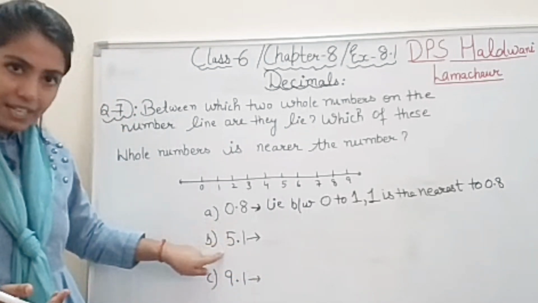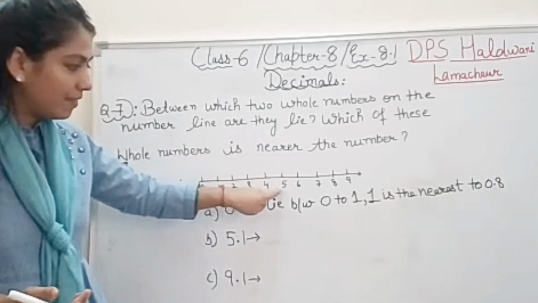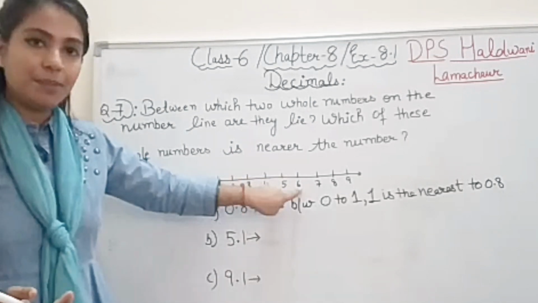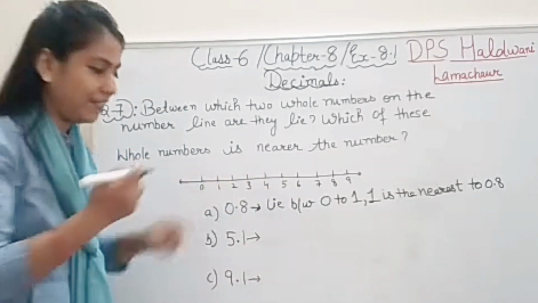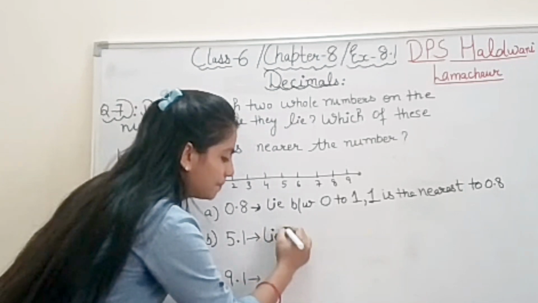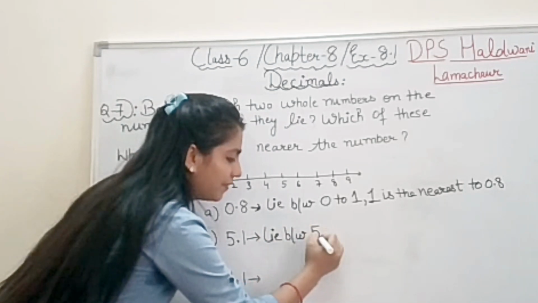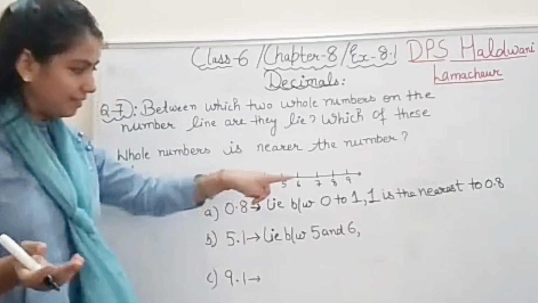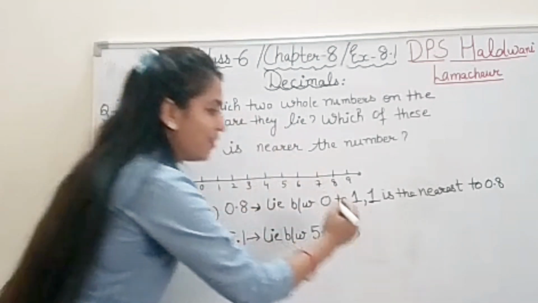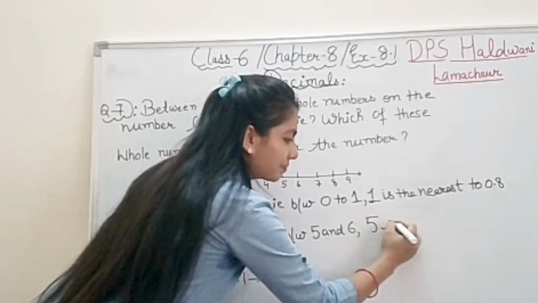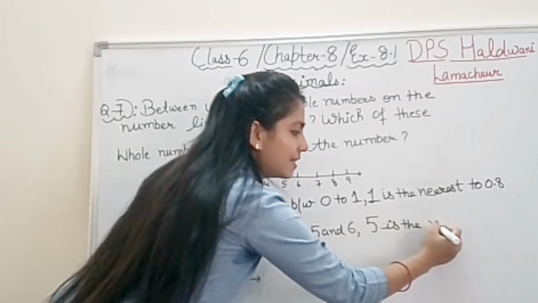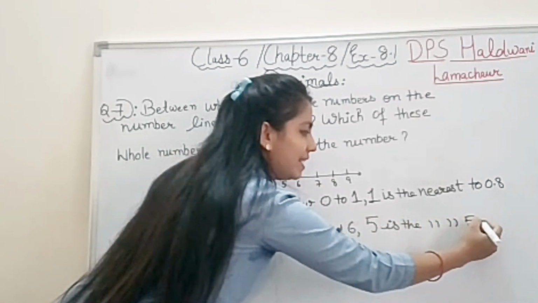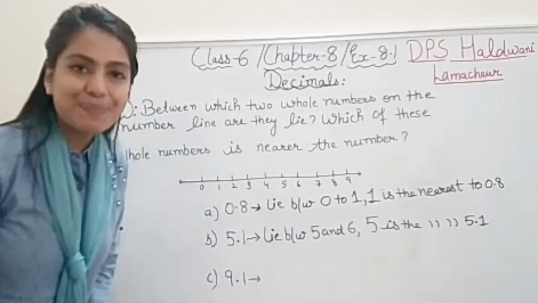Now 5.1. As you can see, 5 is here, 0.1 is here. It means after 5 and before 6, so it lies between 5 and 6. And which is the nearest whole number? Always 5. So 5 is the nearest to 5.1. Very simple, student.